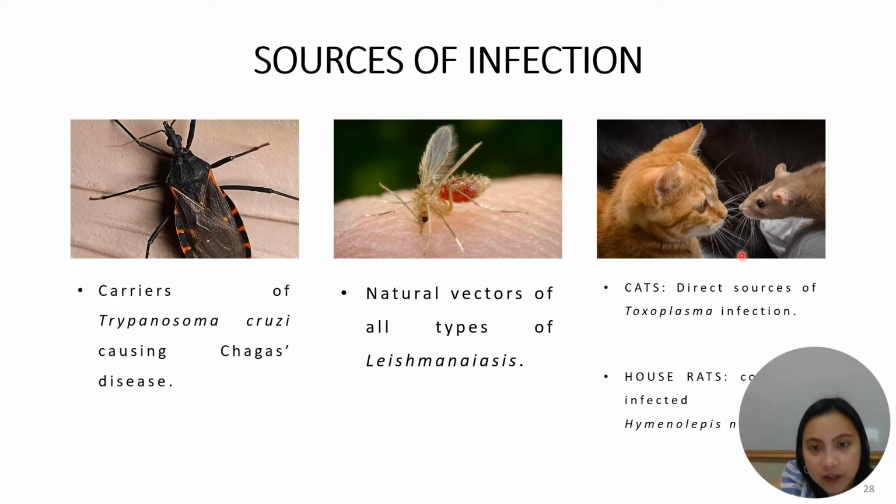In this picture here, it's a cat and a house rat. So cats, class, are direct sources of Toxoplasma infection, while the house rats can infect you with Hymenolepis nana.